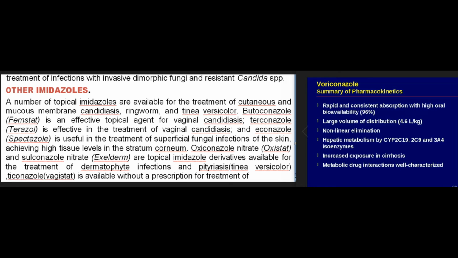Other imidazoles. A number of topical imidazoles are available for the treatment of cutaneous and mucous membrane candidiasis, ringworm, and tinea versicolor. Butoconazole, Femstat, is an effective topical agent for vaginal candidiasis. Terconazole, Terazol, is effective in the treatment of vaginal candidiasis, and econazole, Spectazole, is useful in the treatment of superficial fungal infections of the skin, achieving high tissue levels in the stratum corneum.